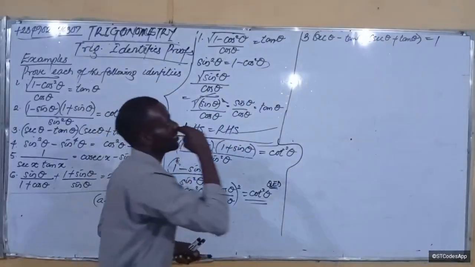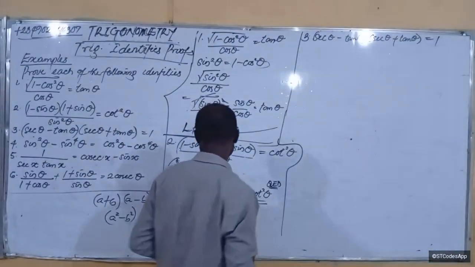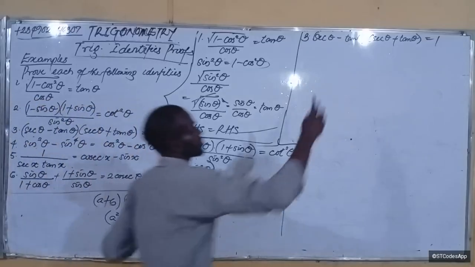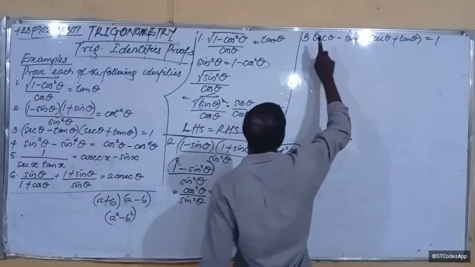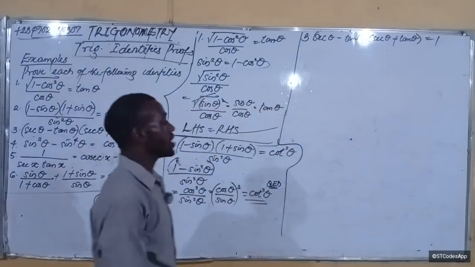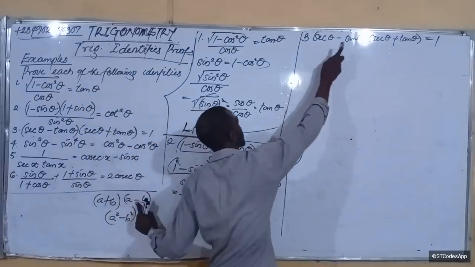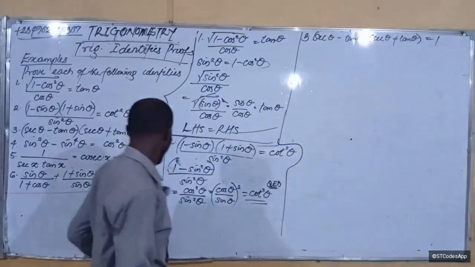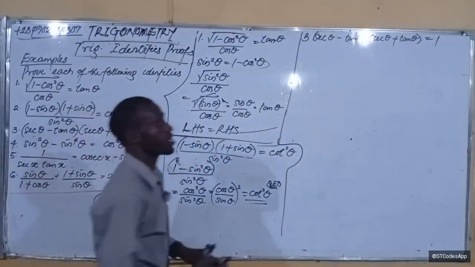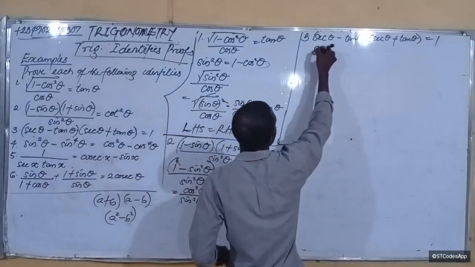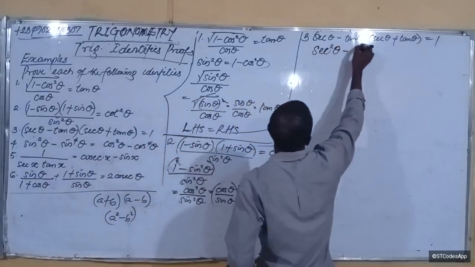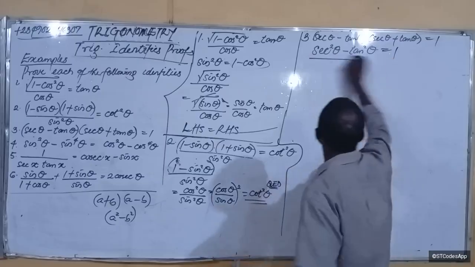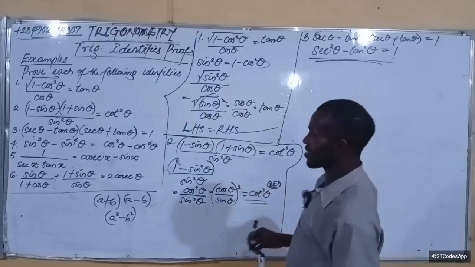You can see that thing repeating itself again. So what does that give you? It gives you the square of the first guy minus the square of the second guy. We call it the difference of two squares. So the square of the first guy minus the square of the second guy is equal to 1. And this holds true, and this one is not hard at all.